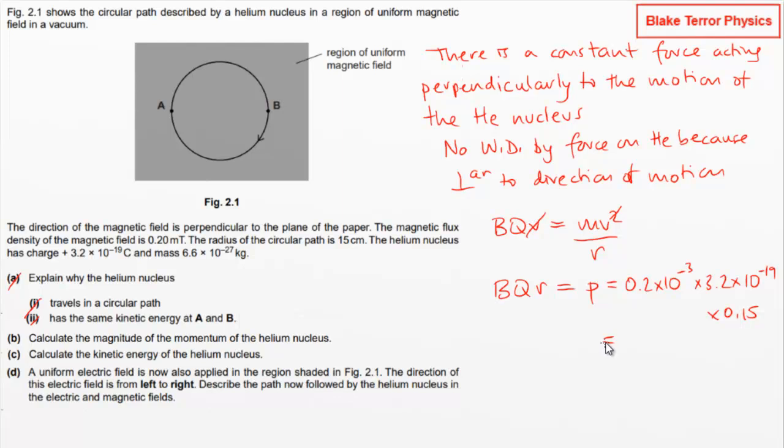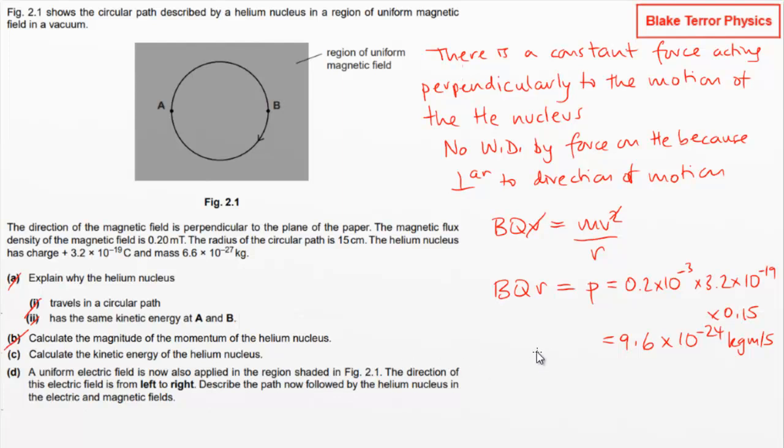These are quite nice numbers, because we've got a 3, so we're going to have a 9.6. That's taken care of those. And then how many minuses have we got? We're going to have 22, 23, 24, so 9.6 times 10 to the minus 24 kilograms meters per second.